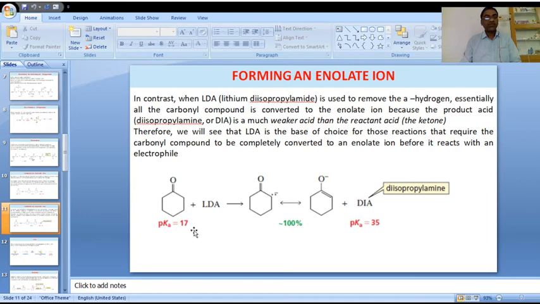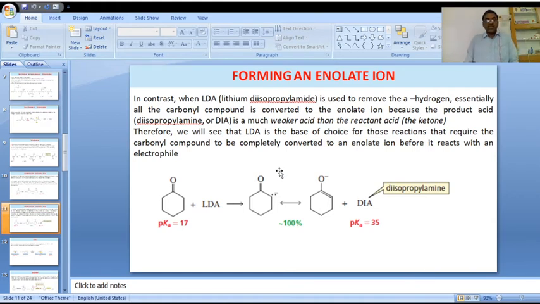When we are using LDA, the suitable base in this reaction, it produces a weak acid. In that case, enolate formation is very easy. 100% enolate ion is produced in this reaction.